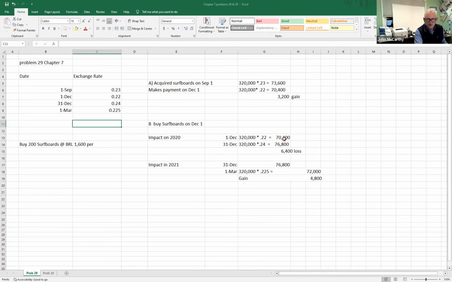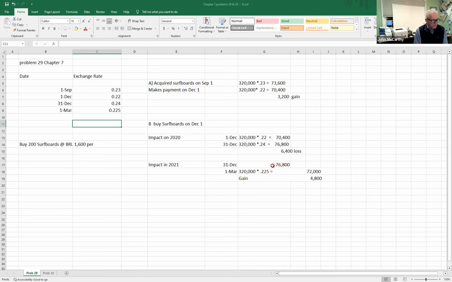That's $70,400, the same as that. At December 31 of 2020, it now costs 24 cents to buy reais. So now it costs us $76,800, and so that is a loss.